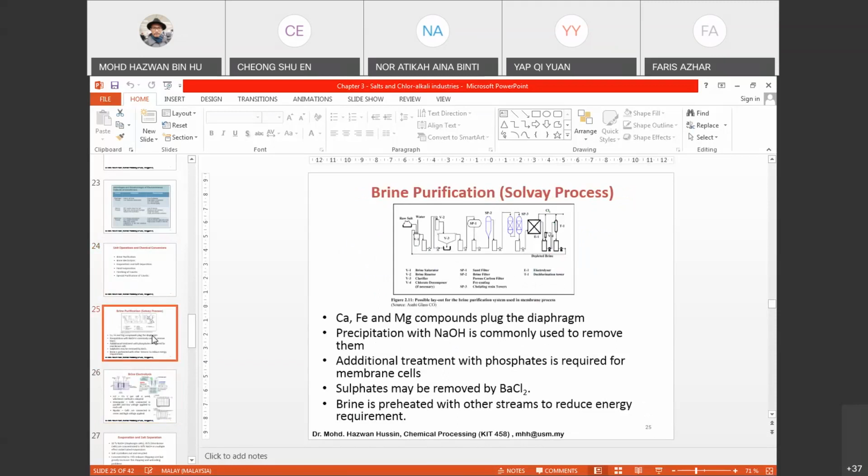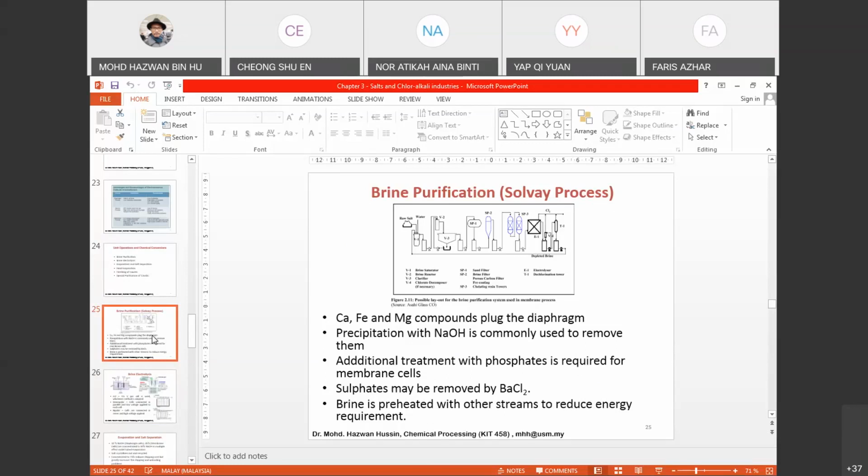Basically, for brine purification, part of it is purification by means of using a filtration aid, or you can treat the materials by using chemicals. Part of the process is known as the Solvay process. Later on, you will understand more details about the Solvay process for the production of soda ash.